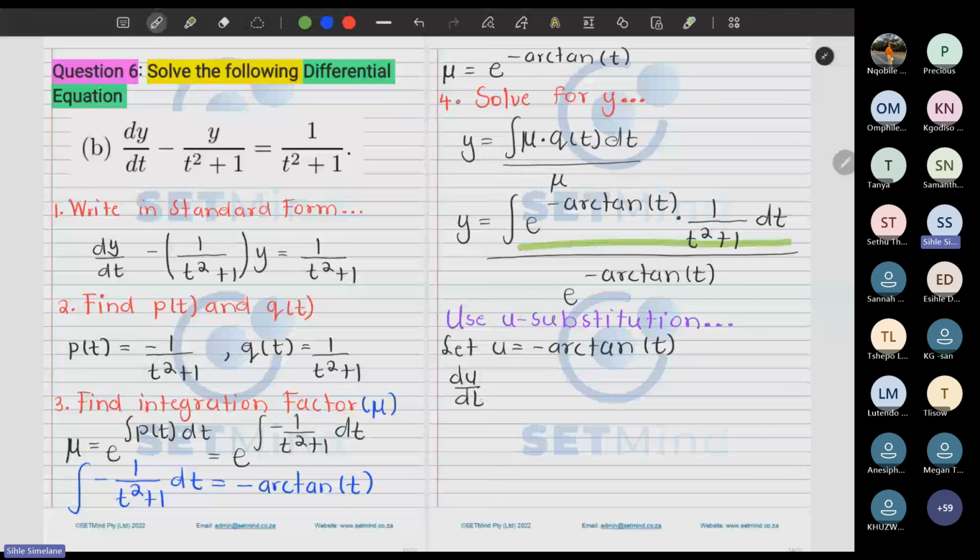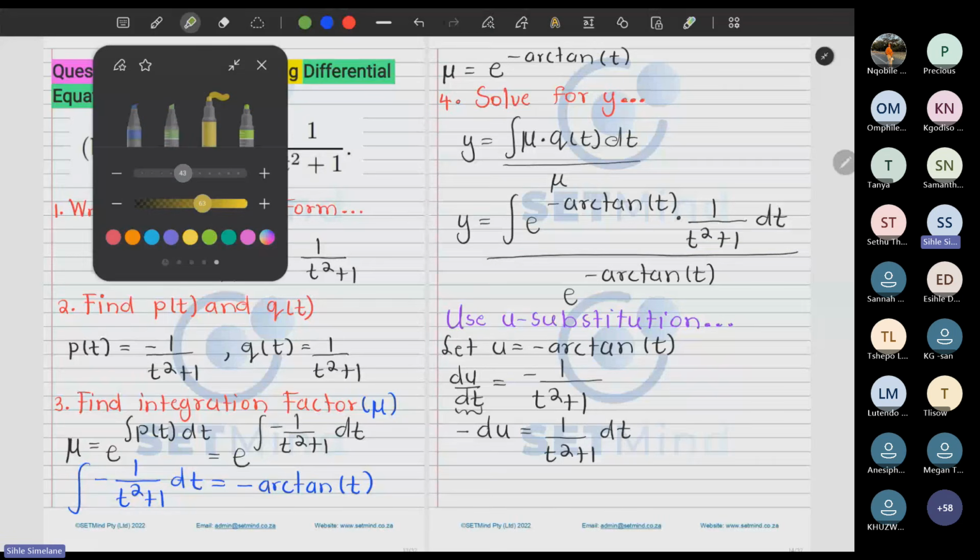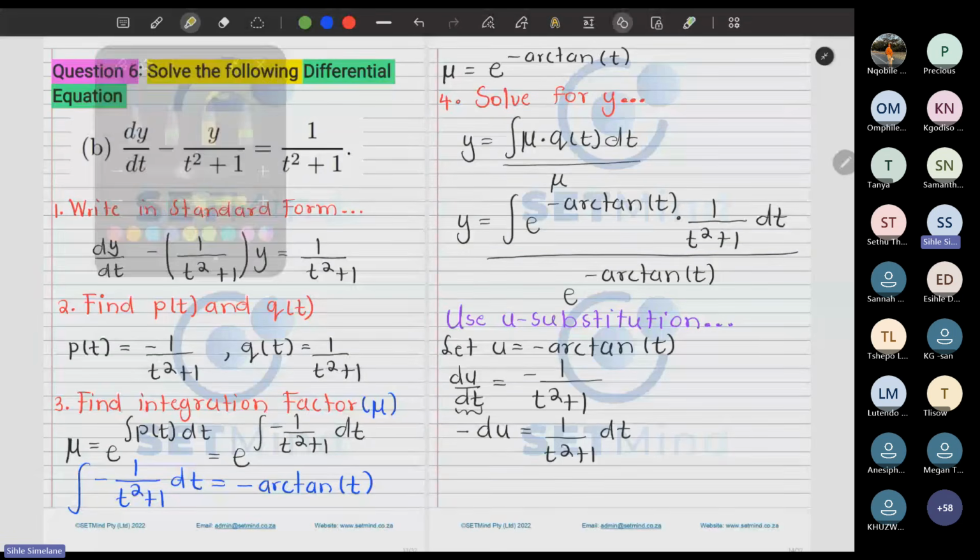But then if I multiply the other side by dt, you will see that negative du will be equal to 1 over t squared plus 1 dt. What this means, guys, is that I can go up there where I see this and replace it with negative du.